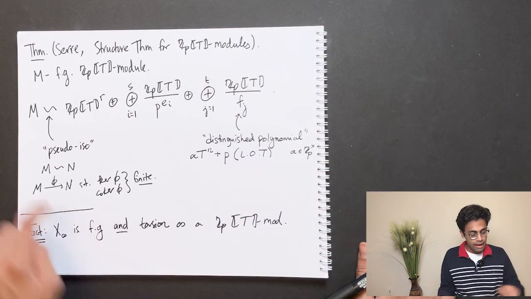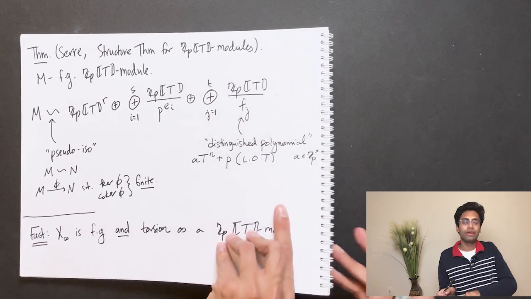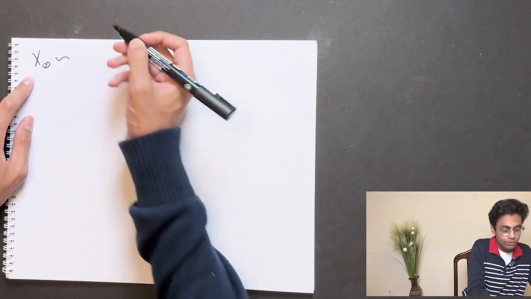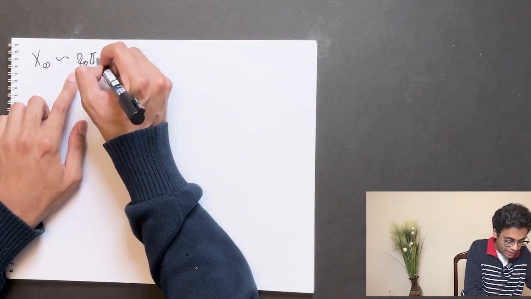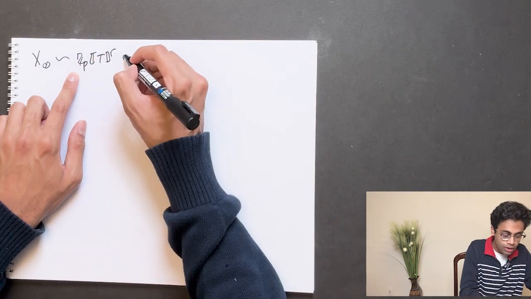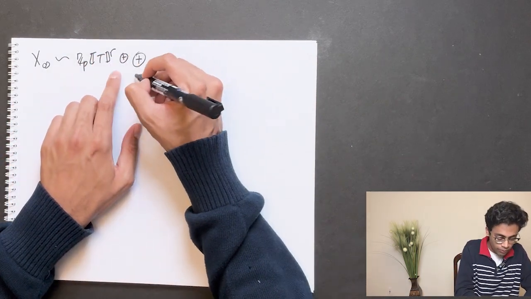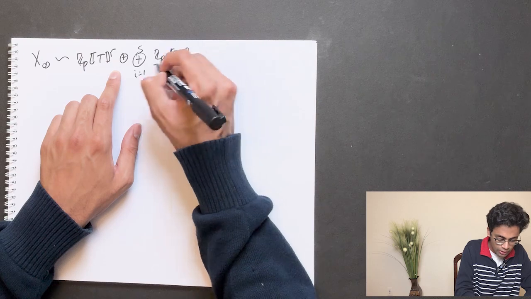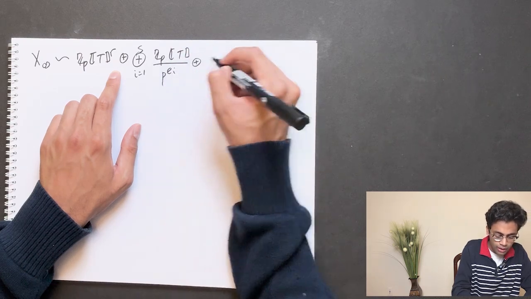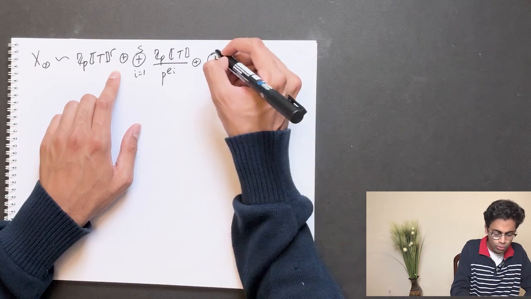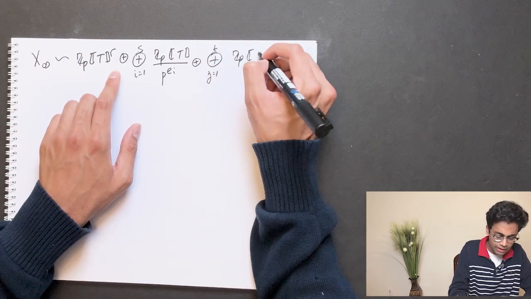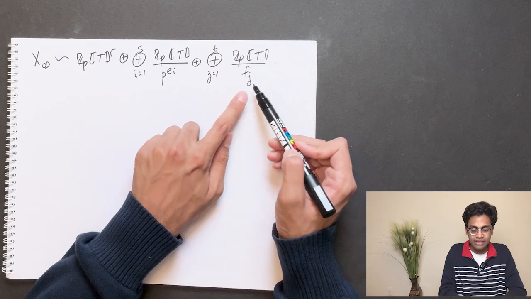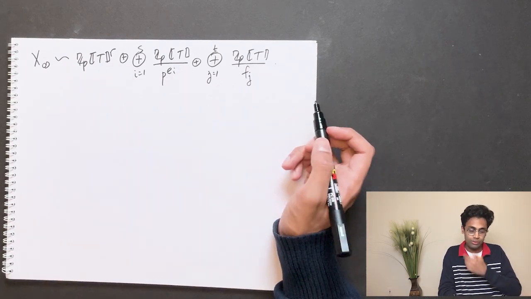Okay. Now that we have this fact, we can apply this theorem and we get this result for X infinity. So X infinity is pseudo-isomorphic to Z_p double bracket T to the r, direct sum i from 1 to s, Z_p double bracket T mod p to the e_i, direct sum j goes from 1 to t of Z_p double bracket T mod f_j, where the e_i are non-negative integers and the f_j are distinguished polynomials, and this is a pseudo-isomorphism.